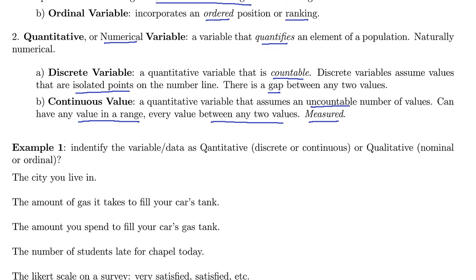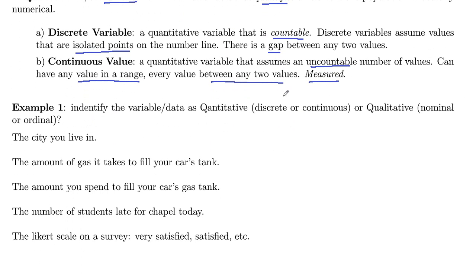So let's look at some examples here. We want to identify the variable as quantitative, so that's numerical, and then discrete or continuous, or qualitative, and then subcategorize as nominal or ordinal. So first quantitative or qualitative, and then subdivide.